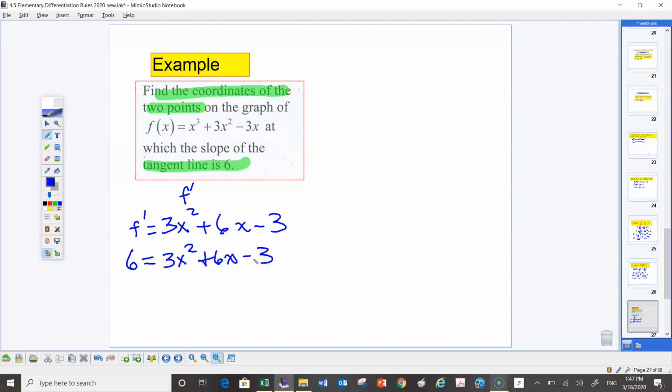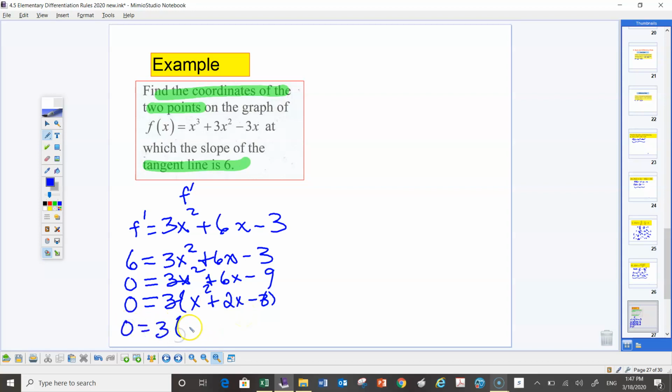And now I'm solving my quadratic equation, so I set it equal to 0. So it's going to be 3x squared plus 6x minus 9. To make my math easier, I'm going to factor a 3 out. I'm left with x squared plus 2x minus 3.